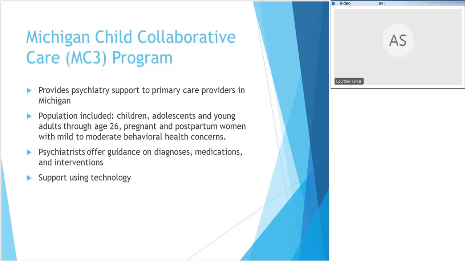Of course, there's some confidentiality and HIPAA things that go along with that, so they have to be sure that everything is going to be okay on the patient's end, that there isn't going to be any public interaction while they're talking to the patient and the family, that it's a private area and they don't have to worry about anybody overhearing their conversation. The University of Michigan also has some educational modules available on their website for primary care providers, so they can watch those and get a basic education that they wouldn't have received through their regular training.